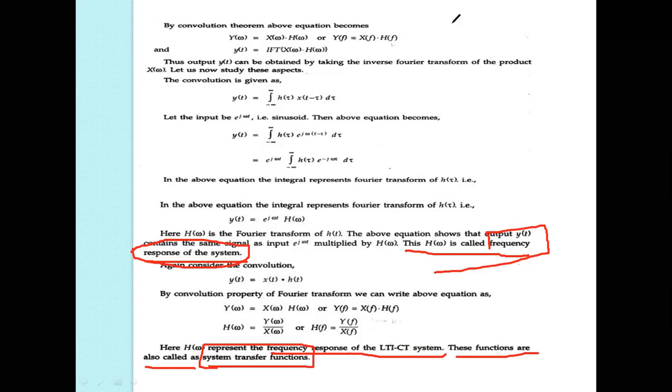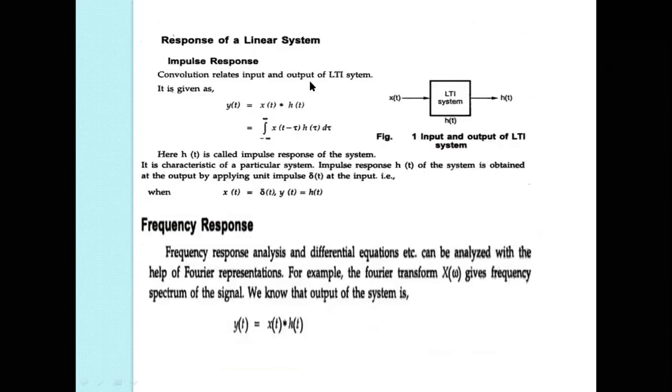Understood, my dear students? We discussed the frequency response of linear time invariant systems. The two functions: one is impulse response, another one is frequency response. What is a frequency response? H of omega is equal to Y of omega by X of omega.